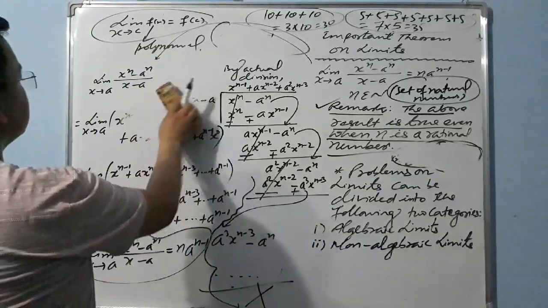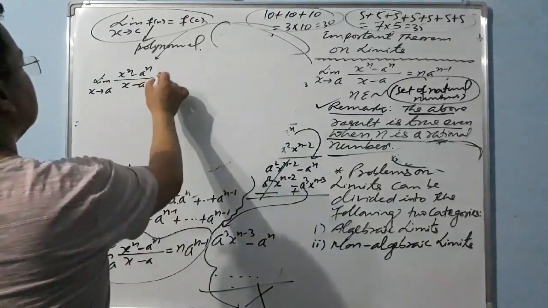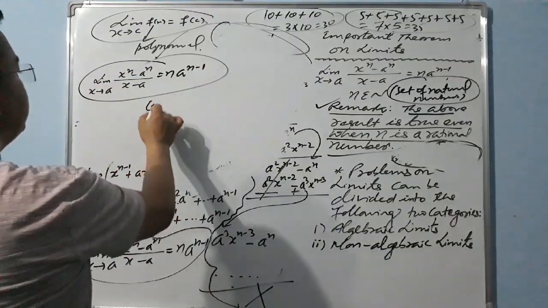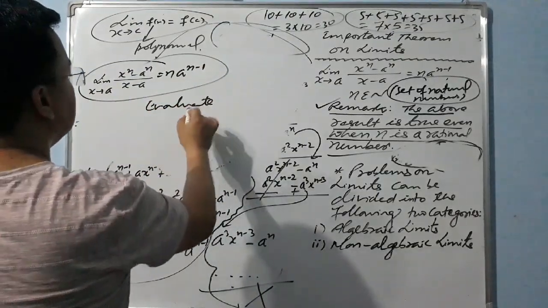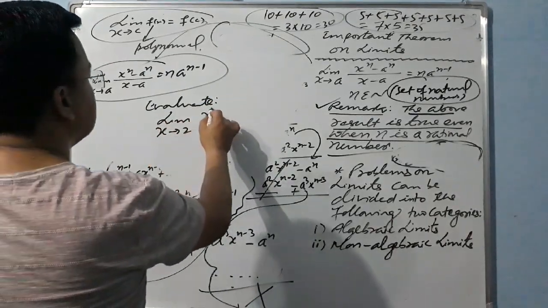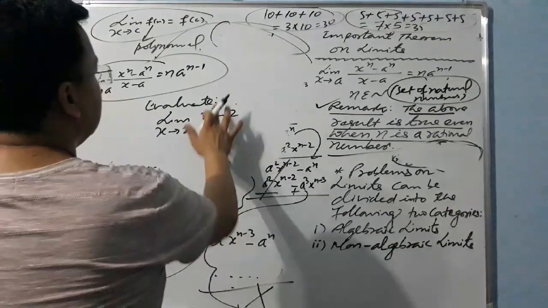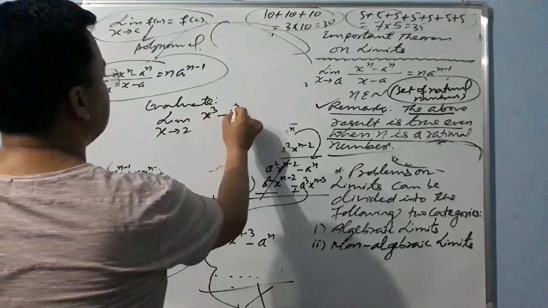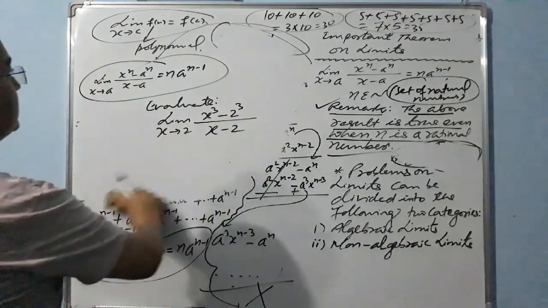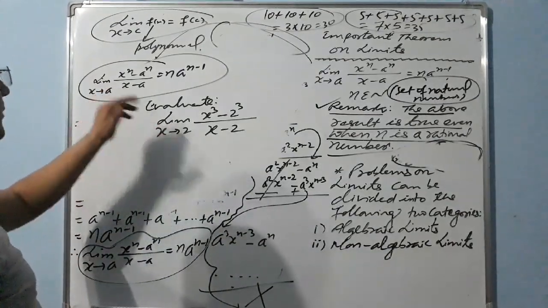Now I'm going to show how to apply this theorem: the limit of (x^n - a^n)/(x - a) as x tends to a is n a^(n-1). Let me take an example: evaluate the limit as x tends to 2 of (x^3 - 2^3)/(x - 2). Firstly you have to check whether it is in this form or not.